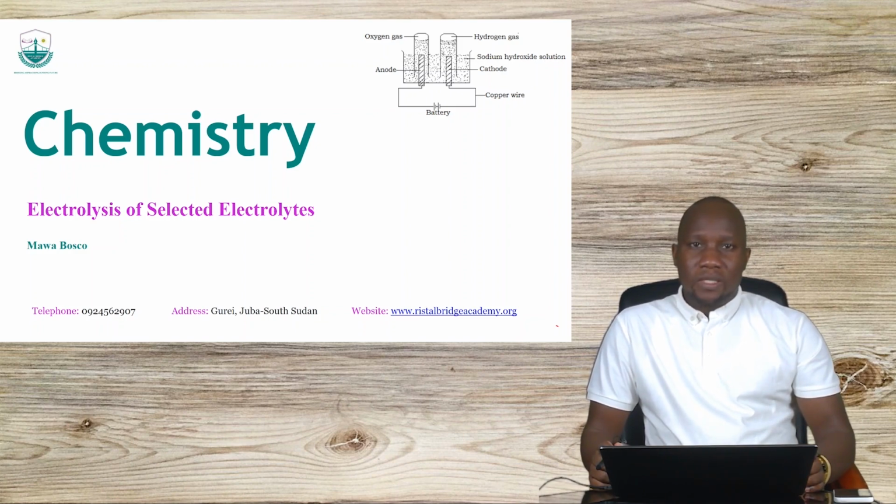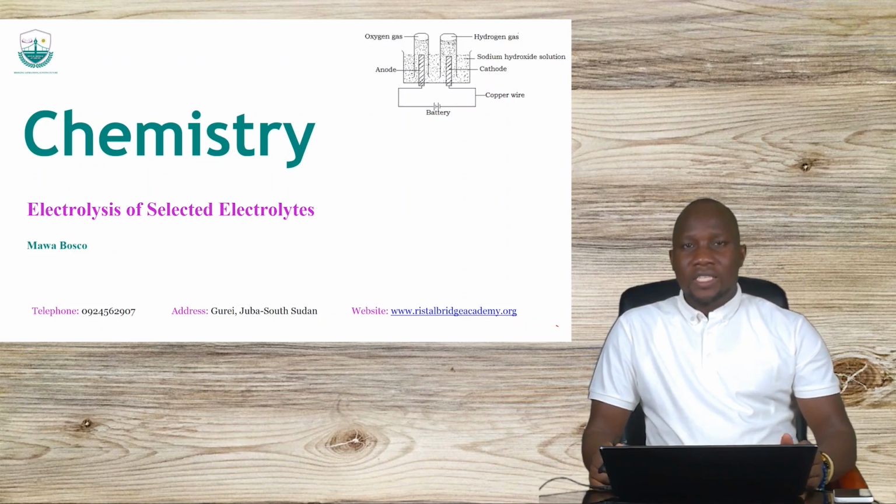When we talked about preferential discharge of some ions, we mentioned different factors, and in this session we are going to look at why certain ions are being discharged in relation to the others.